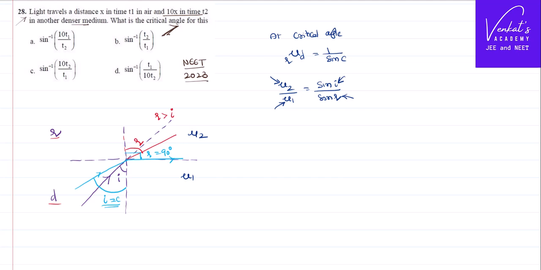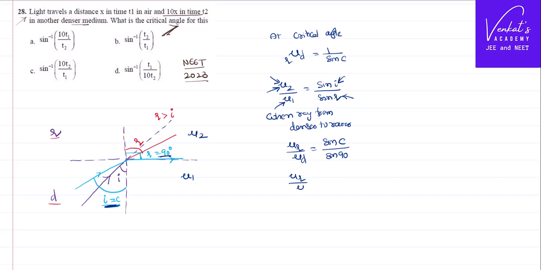Now, when the light ray is moving from denser to rarer, where it is going is rarer and where it is coming from is denser. Sin of the angle of incidence in the denser medium, the particular angle called the critical angle, by sin r, which as I told you by definition is 90 degrees.